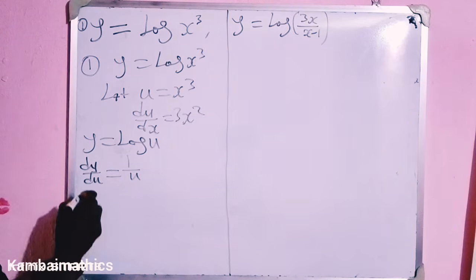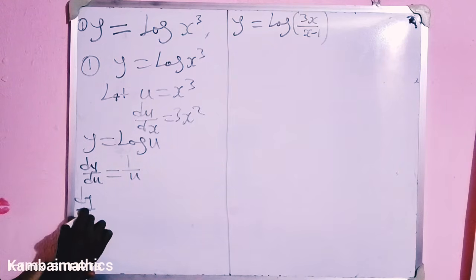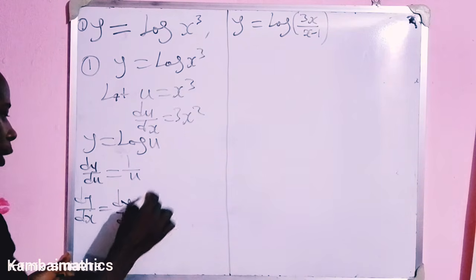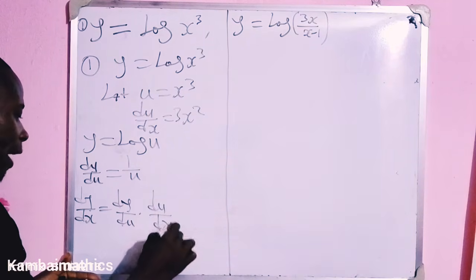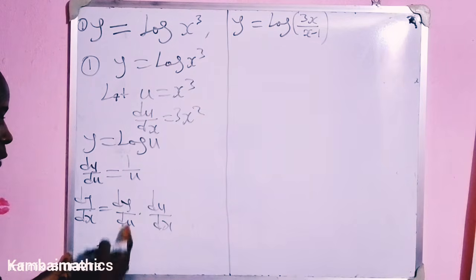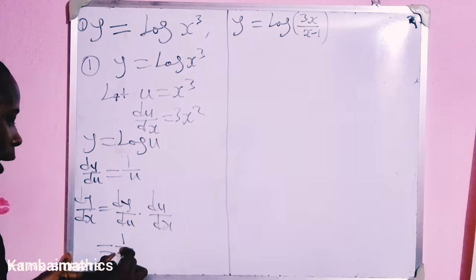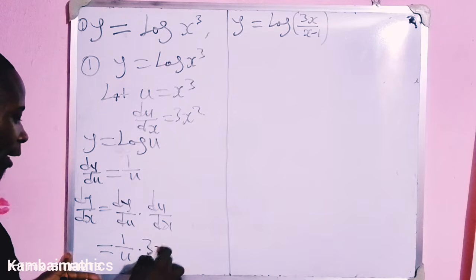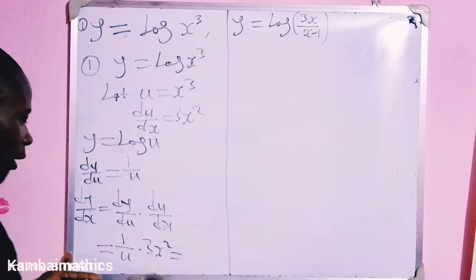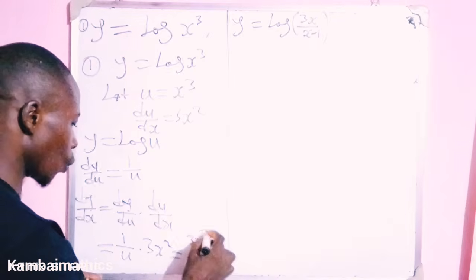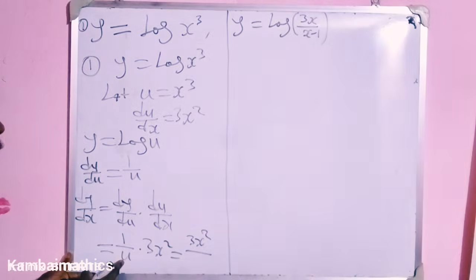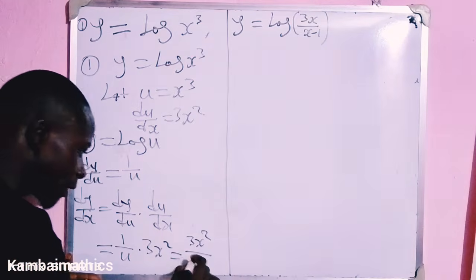So dy all over dx is equal to dy all over du times du all over dx, which is 1 all over u times 3x squared. By implication, this will be 3x squared all over our u, which is the denominator, x raised to the power of 3.